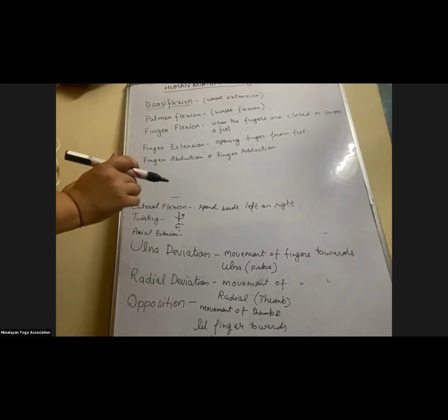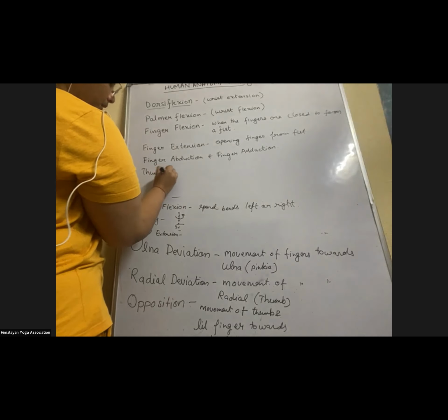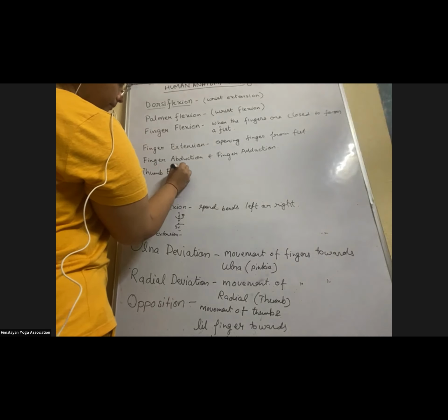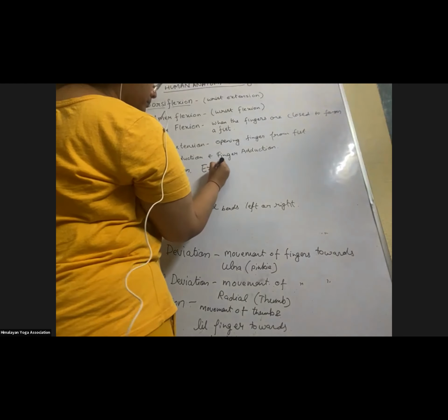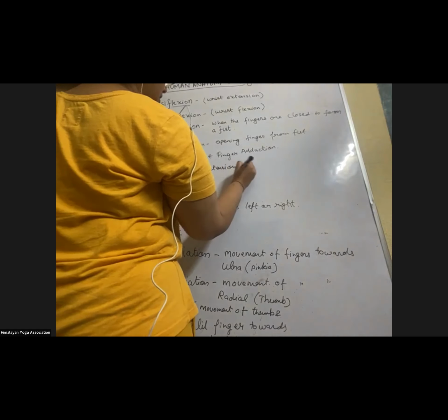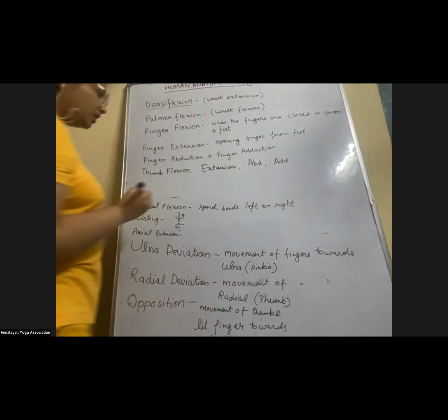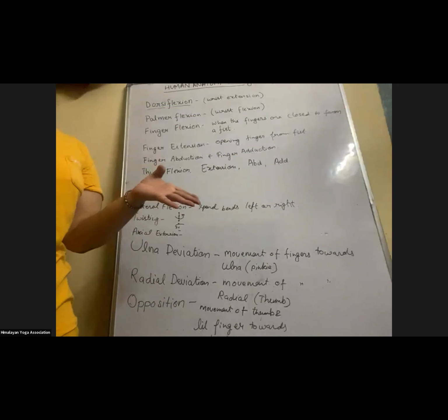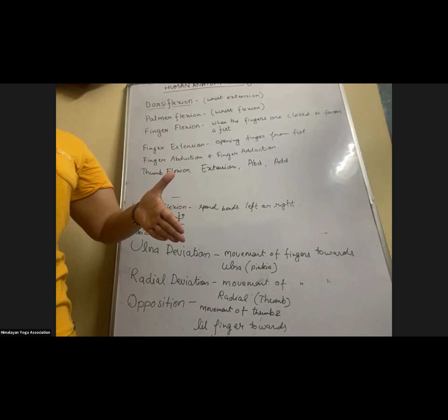Then similarly, we have thumb flexion and thumb extension, abduction and adduction. So this is thumb flexion, thumb extension, then thumb abduction, thumb adduction.